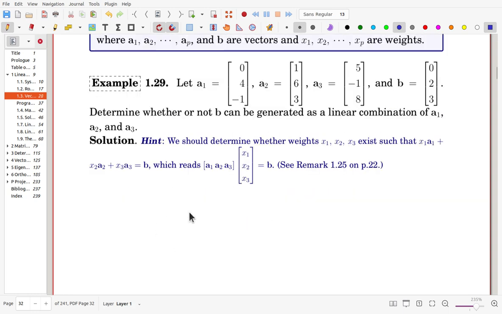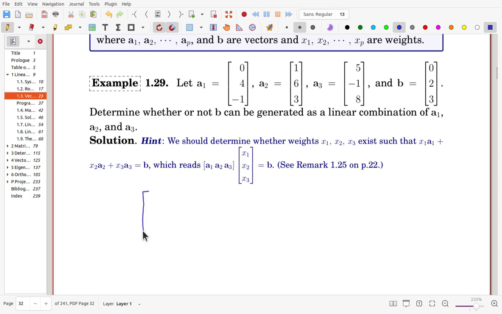Now, how can we check the existence of a solution? We may start with the augmented matrix, and once it is consistent, then we can say that B can be generated as a linear combination of the vectors, right? Okay, so we start with the augmented matrix.